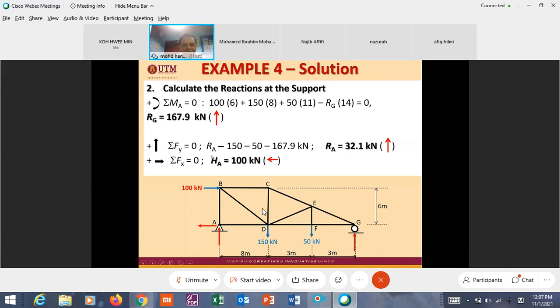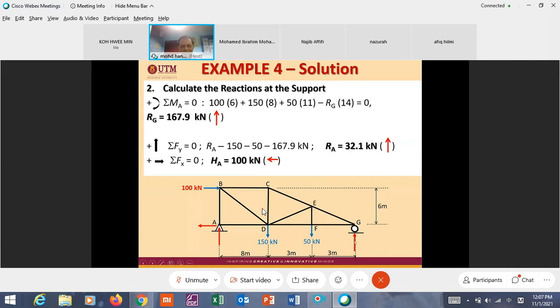Okay. Σ Fy equal to 0. RA minus 50, minus because it is downward, 50 downward, minus 167 here. Why is it minus? Σ Fy equal to 0, RA minus 150.